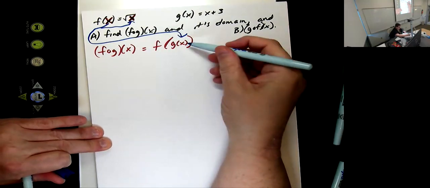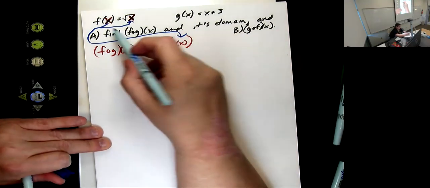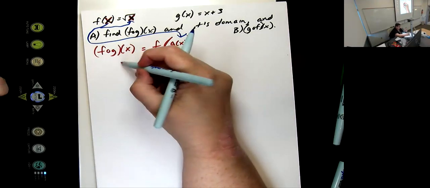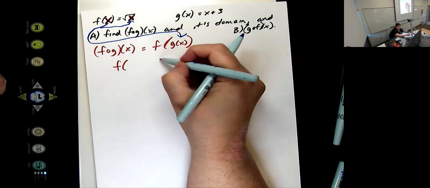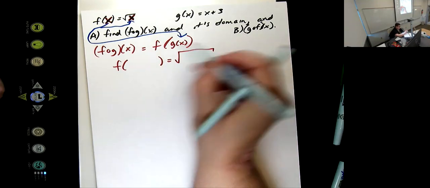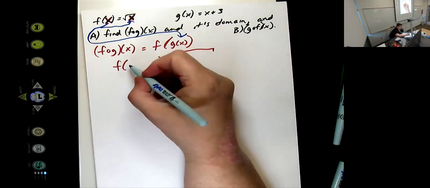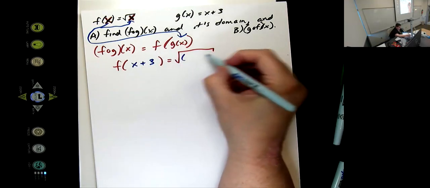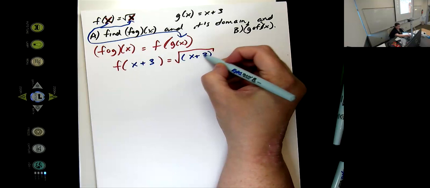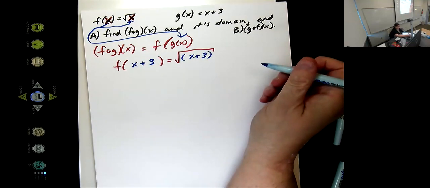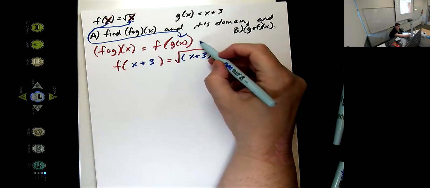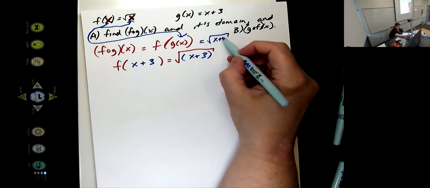So when we put g of x there, we're really just replacing what we have. If this is x plus 3, that's g of x. Everywhere there's an x in here, I'm going to put in an x plus 3. So this is just square root of x plus 3 rather than square root of x.